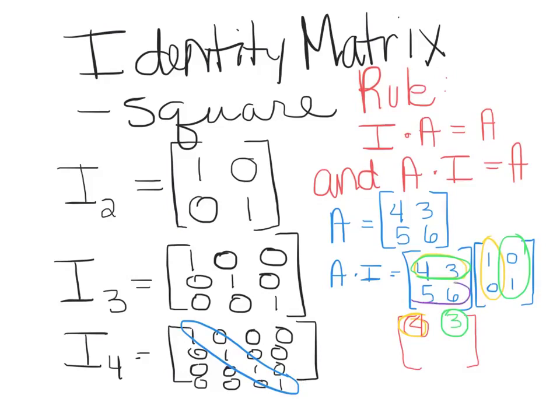If I take the second row with the first column, that means I'll be here. Multiplying each pair, the 5 times the 1 gives me 5, and then the 6 times the 0 gives me 0, so I have 5 goes here. And finally, I'll pick my last color. I think you see what's going on here. Let's try pink. If I take the second row with the second column, my answer is going to be here.